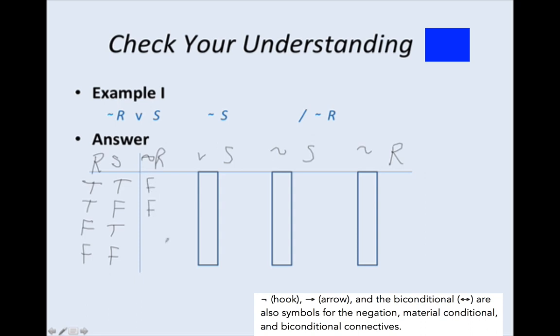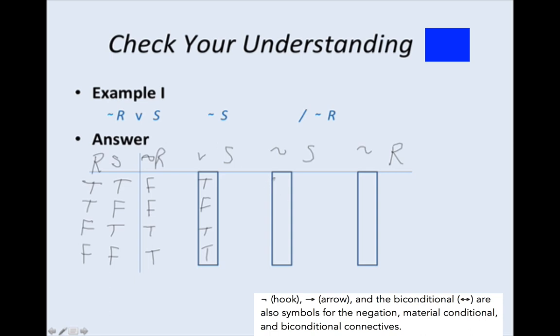False, false, true, true. Then we determine the values of the disjunction by way of what's under the negation and the values under S. So we end up with true, false, true, true.